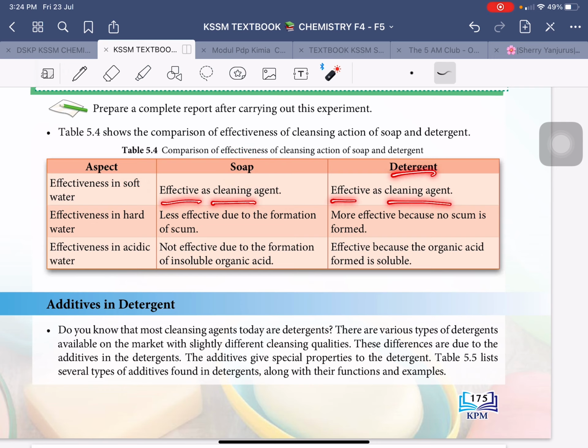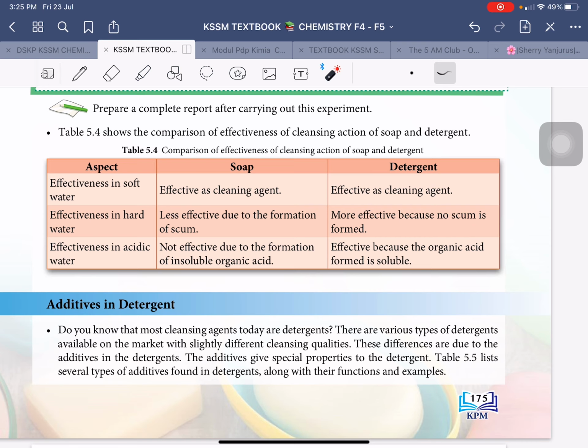Detergent pun effective. Air biasa lah, air paip, normal. And then, if you use hard water yang ada Ca2+ and Mg2+ kan, just now we discussed already. If you use soap, less effective. Kenapa less effective? Due to the formation of scum. But detergent, more effective because no scum is formed. No scum.